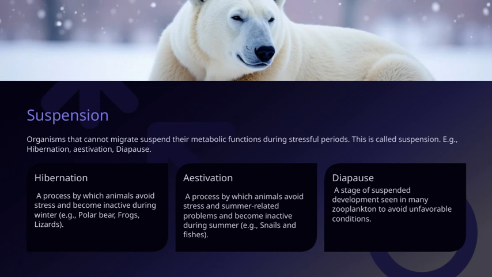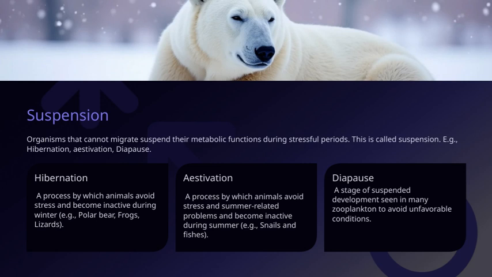For example, some snails and fishes enter diapause to become inactive during summer, helping them conserve energy and survive until conditions improve. Similarly, we have estivation, which is another form of dormancy. Animals like frogs, lizards, and even some polar bears go into estivation to avoid stress during the winter months. It's like a summer or winter hibernation, depending on the season they're avoiding.